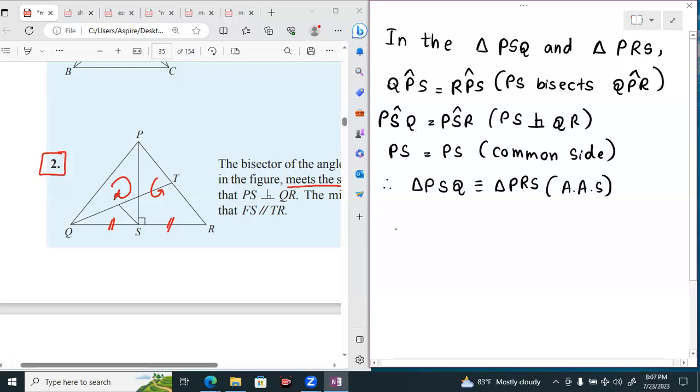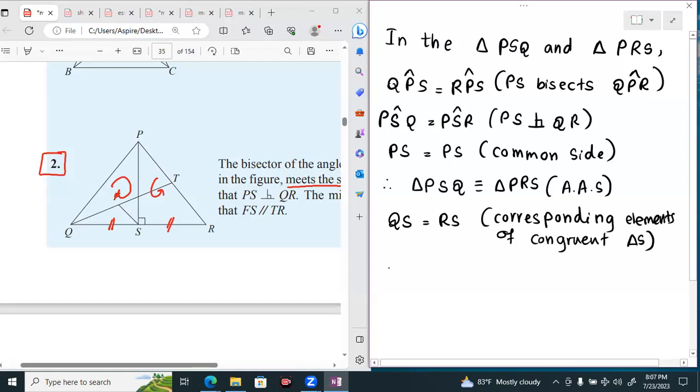Then QS equals RS, corresponding elements of congruent triangles. Then we can say therefore S is the midpoint of QR side.